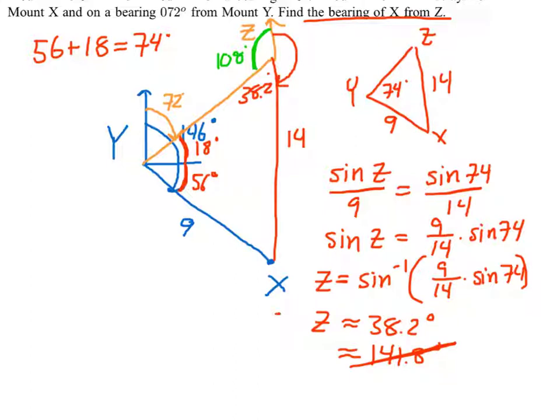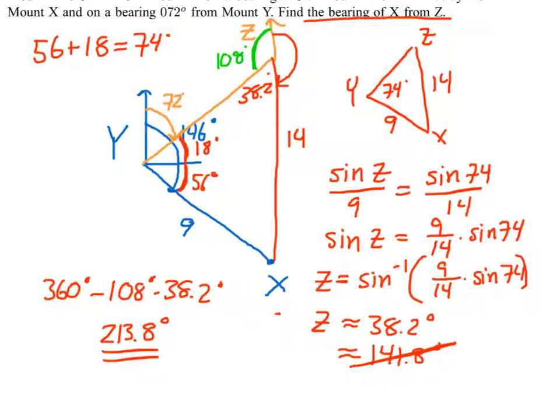I can find the third by subtracting these two angles from 360 degrees, and that's going to get me my answer. So if I do this quick calculation, I get 213.8 degrees, and that's my bearing of X from Z.